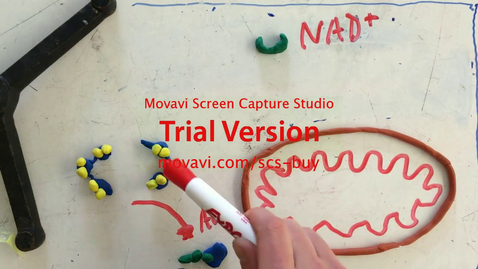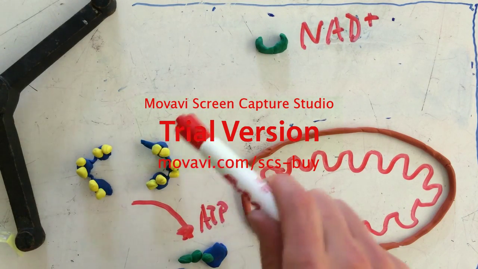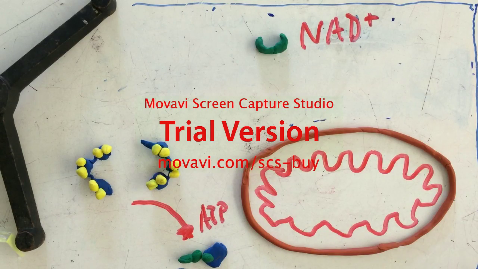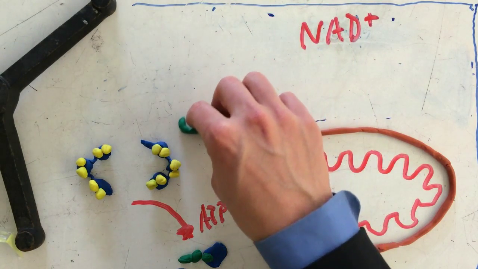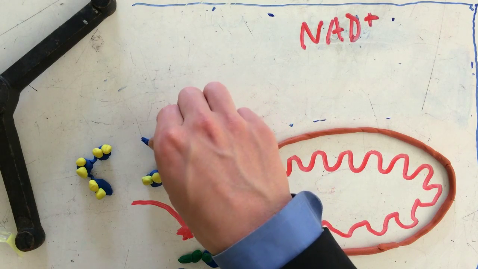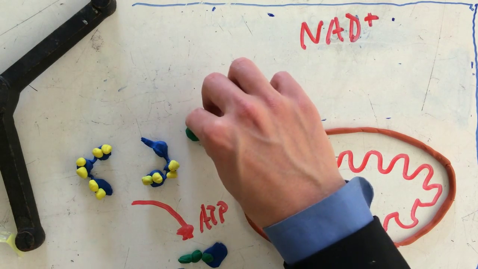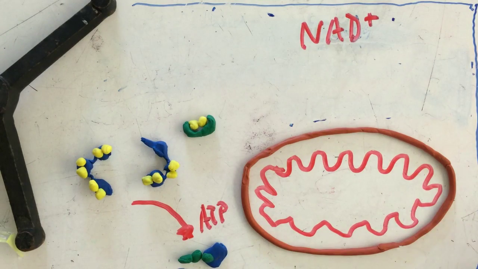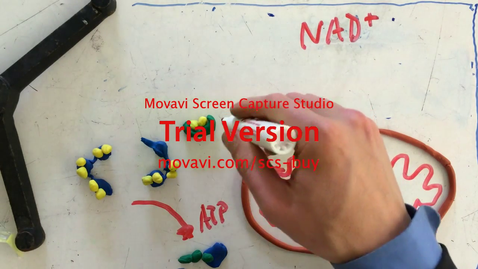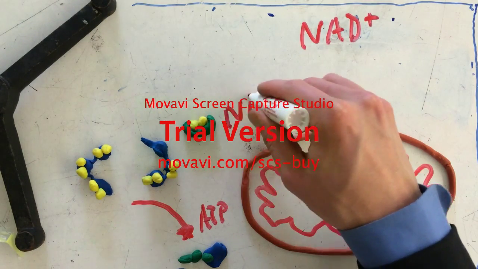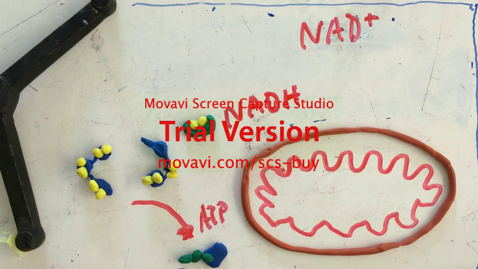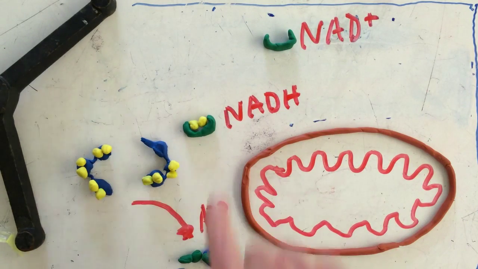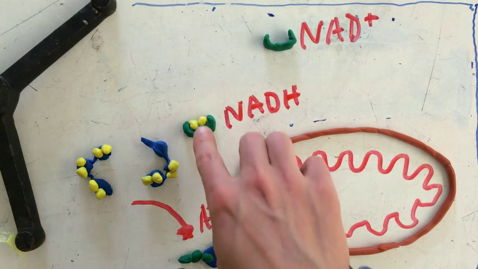So the key to remember here is that these electrons, when they're around glucose, have a lot of energy in them. So this molecule, NAD+, comes in and takes that energy stored in these electrons away. When they do, it becomes what's called NADH. So, once again, the difference, NAD plus has no electrons, NADH has those electrons.